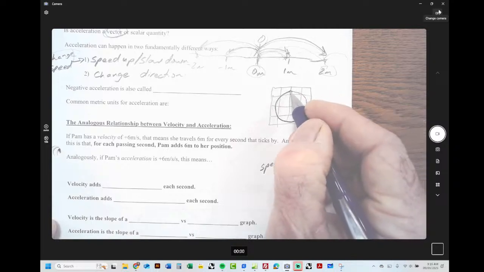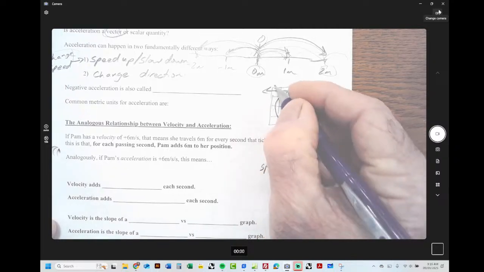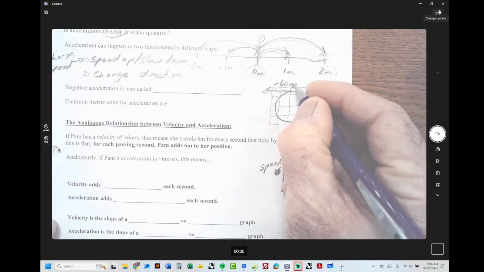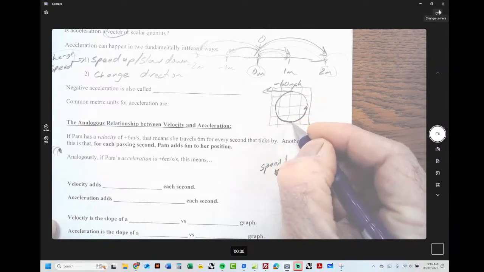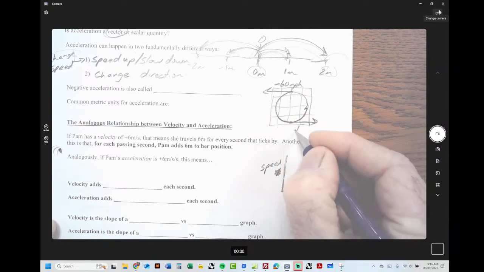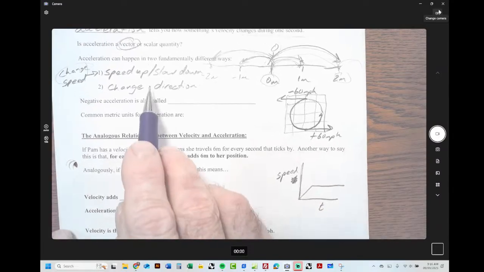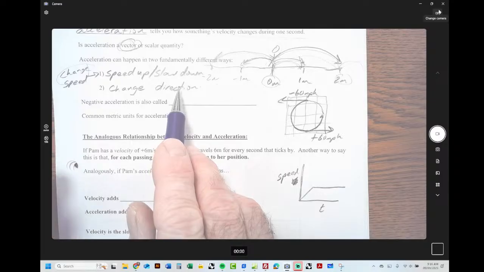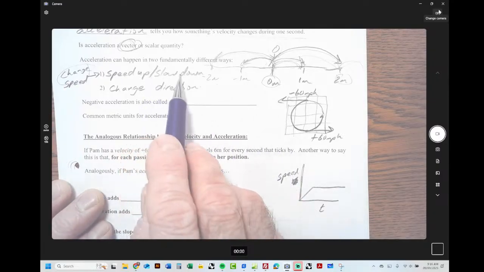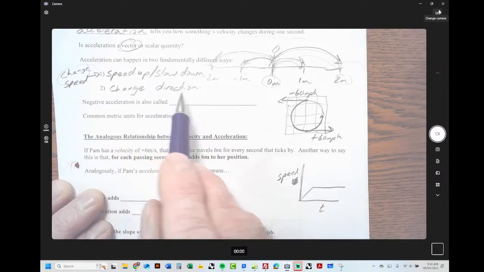This would be, we could call that negative 60 miles per hour, but by the time you get down here, you're going positive 60 miles per hour. So those are two ways to accelerate. You can accelerate by speeding up and slowing down, or you can change direction, or you can do both.